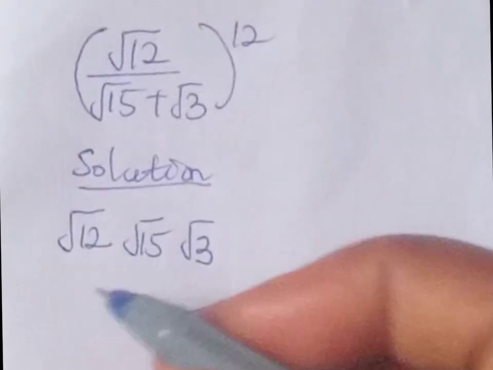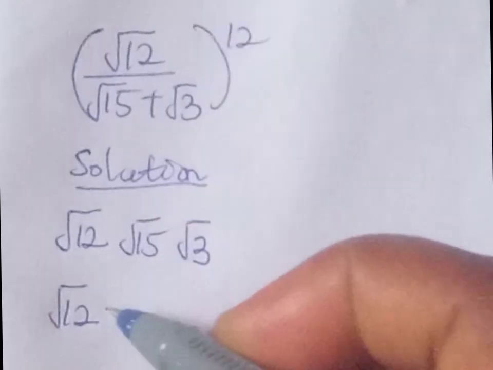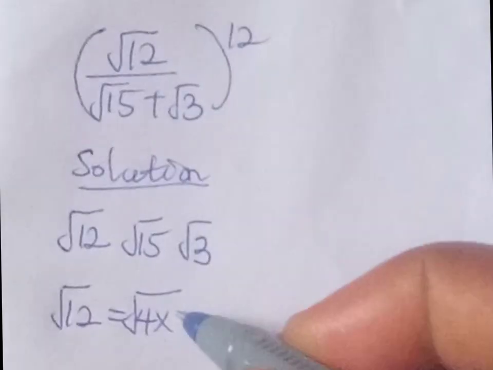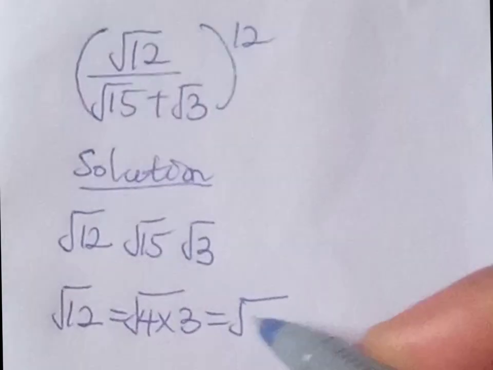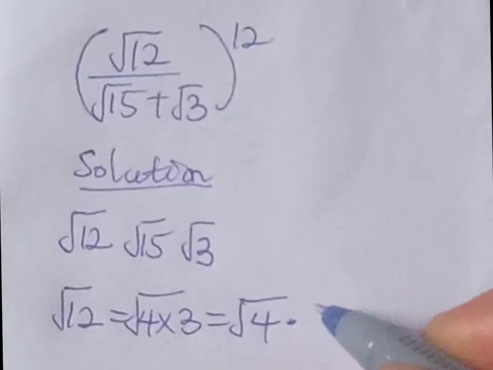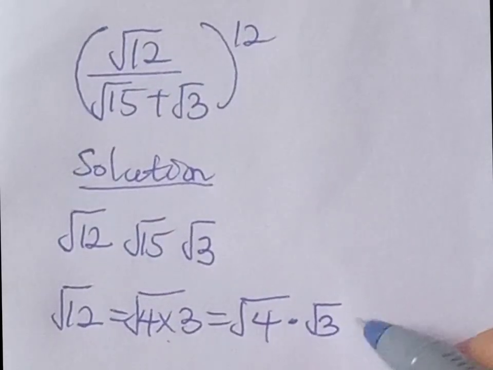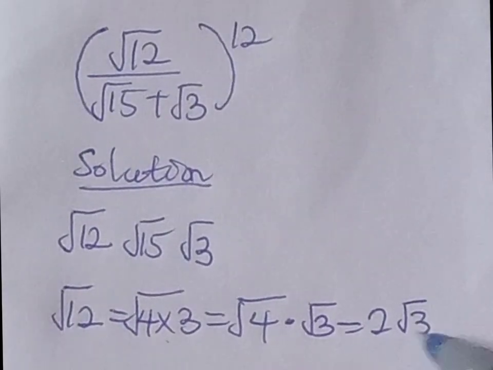In the numerator, we have square root of 12, which is equal to square root of 4 times 3, which will give us square root of 4 multiplied by square root of 3. Square root of 4 is 2, so we have it as 2 root 3.